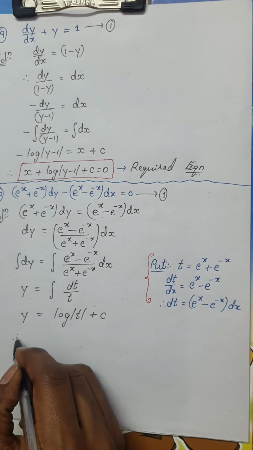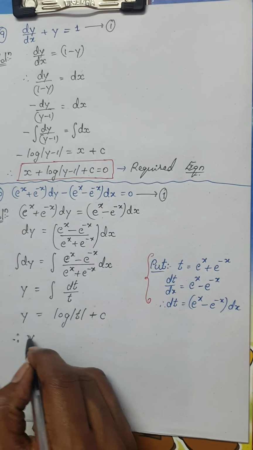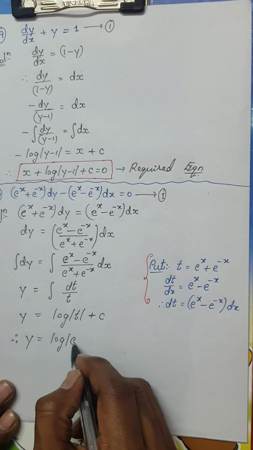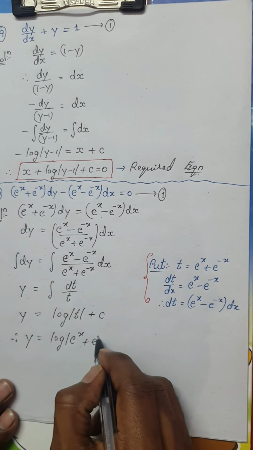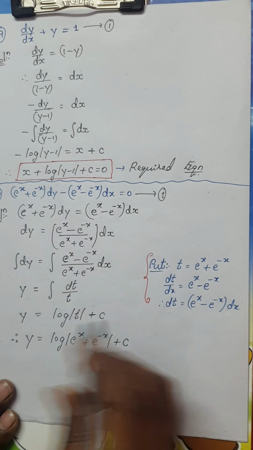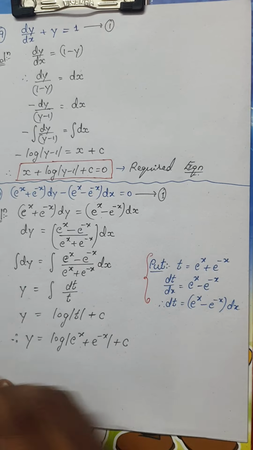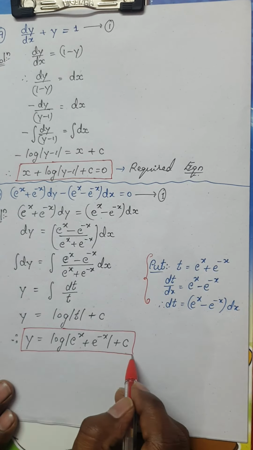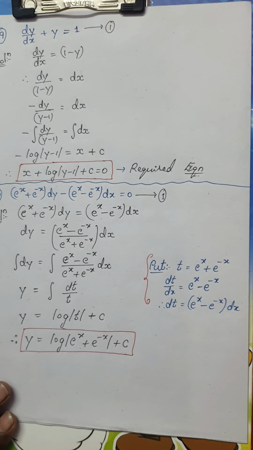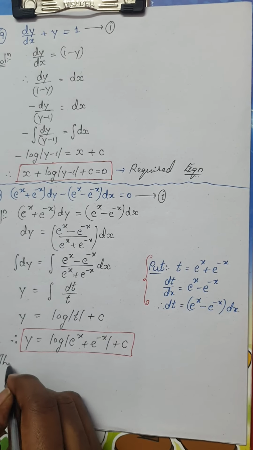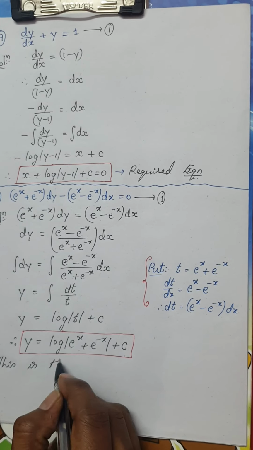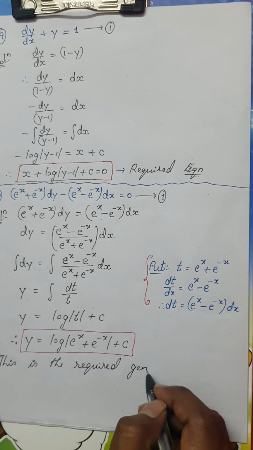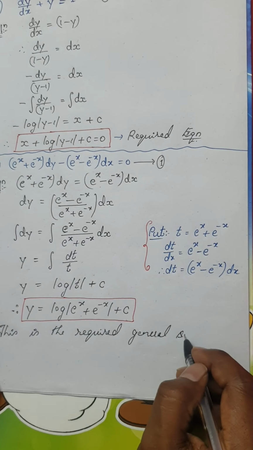Therefore the final general solution would be y = log|e^x + e^(-x)| + c, substituting back for t, with c as the constant of integration, which concludes my solution. Because this is the last question, I will write it in detail, as this is the required general solution.